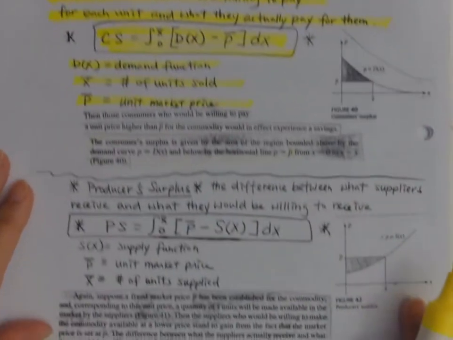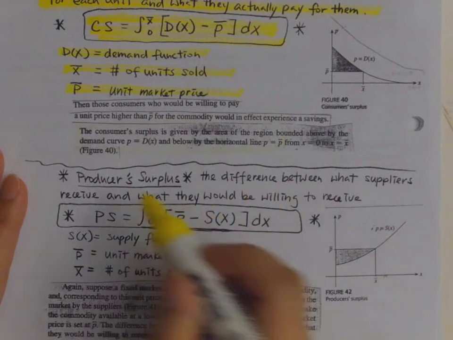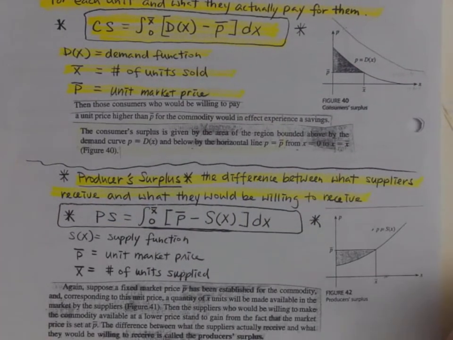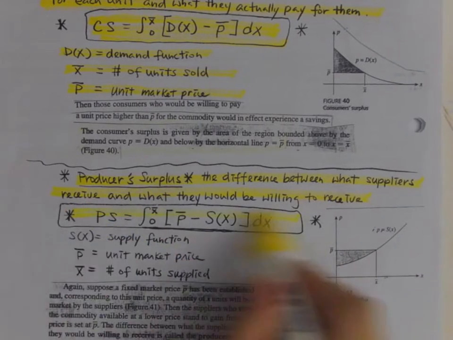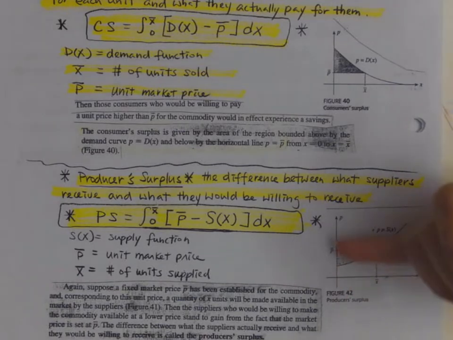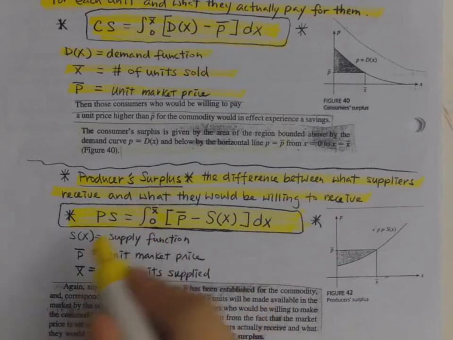Alright, so the producer surplus is the difference between what the suppliers receive and what they would be willing to receive. So if they are selling a product, maybe they are willing to receive $100 per unit, but actually the consumer is willing to pay $120. So there's a difference between what they actually receive and what they're willing to receive.